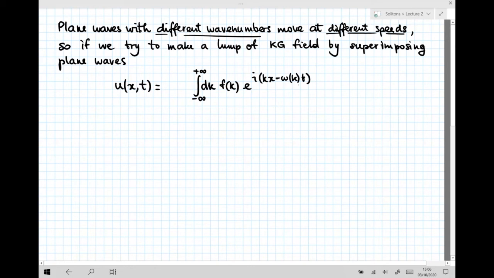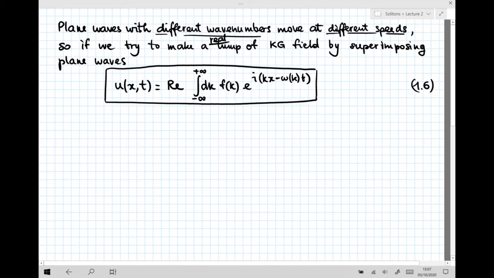So here we're superimposing complex plane waves, but remember we're interested in real solutions, so we'll want a real lump of the Klein-Gordon field, and we can achieve that by taking the real or the imaginary part of this superposition. This is equation 1.6.